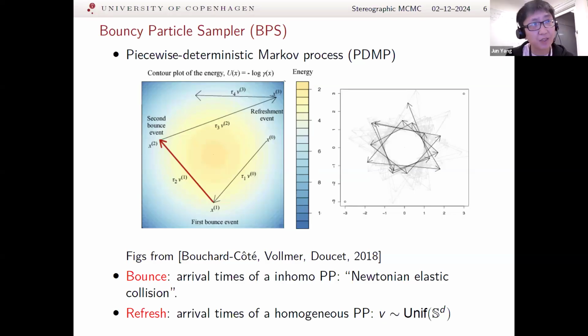You can see the bounce event really uses the gradient information of your target distribution, so in some sense this is the efficient event. You want to simulate more bounce events, but the refreshment event has a certain random-walk type of behavior, so you want to simulate fewer refreshment events if possible. So basically, these are the two algorithms: random walk Metropolis and the Bouncy Particle Sampler.